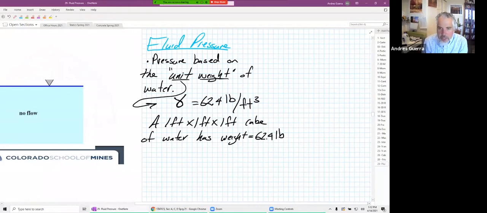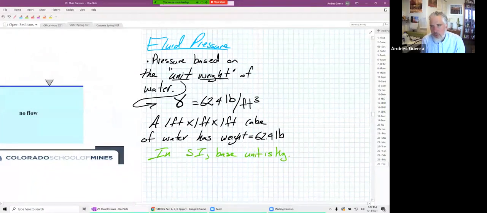If we go into SI, so that's our 62.4. In SI, remember our base unit is kilograms. So we don't start with a unit weight, we start with density.